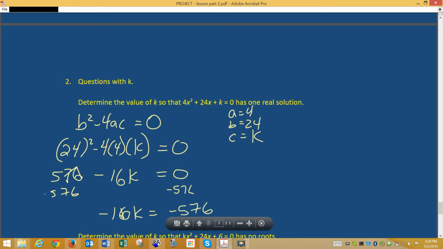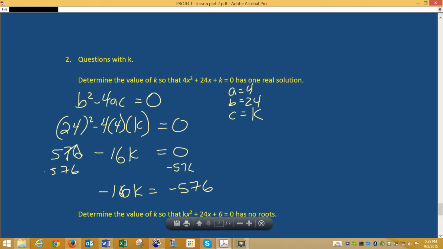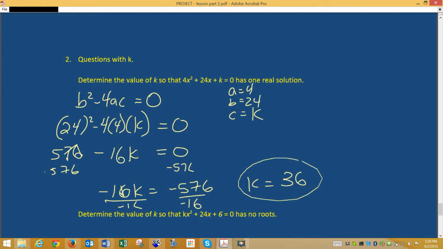And I'll divide each side by negative 16 to solve for k. And so I get k equals negative 576 divided by negative 16 equals 36. So that's my answer. K has to equal 36 in order for that equation to only have one solution.